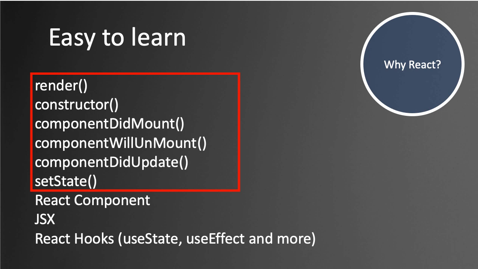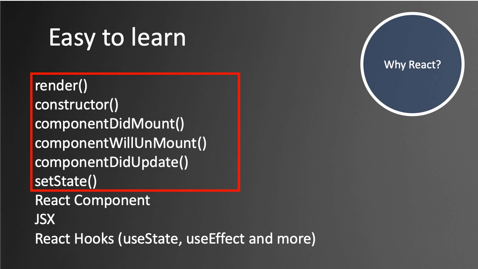But this is not the future of React, and React has introduced React hooks to save us from needing to create class components. So what we'll focus on in the main part of this course is simply React components, which are just JavaScript functions. We'll take a look at JSX, and we'll be using JSX to design and create our component, and we'll talk about JSX soon. But this is what our components are going to be built from.